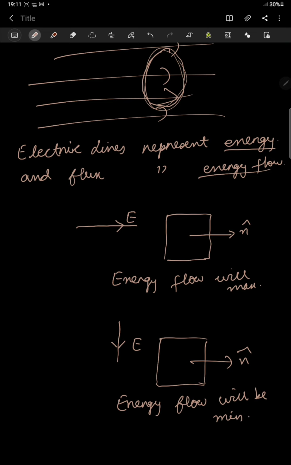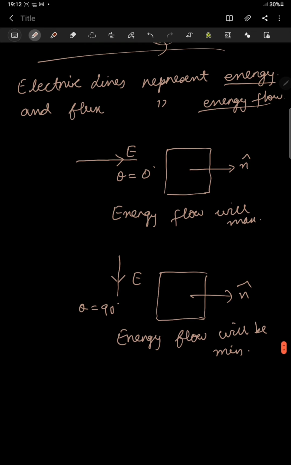Okay, it is quite obvious. Now suppose I want to find out the angle between E and n cap, which is represented by theta. So theta is how much here? 0 degree, whereas theta will be how much here? 90 degree.